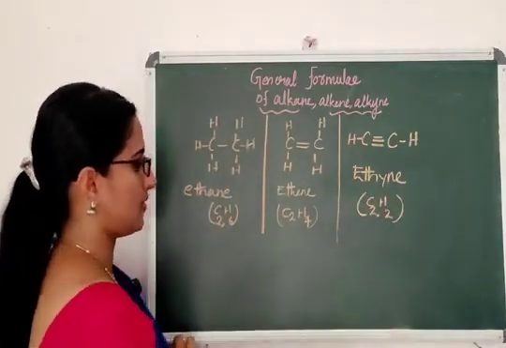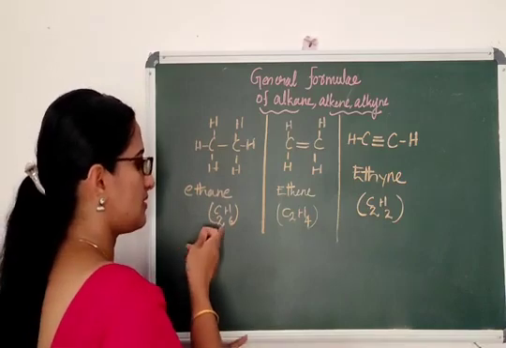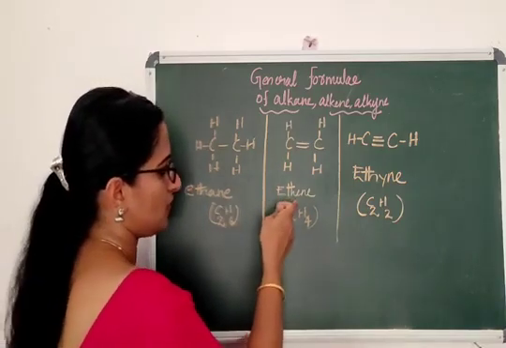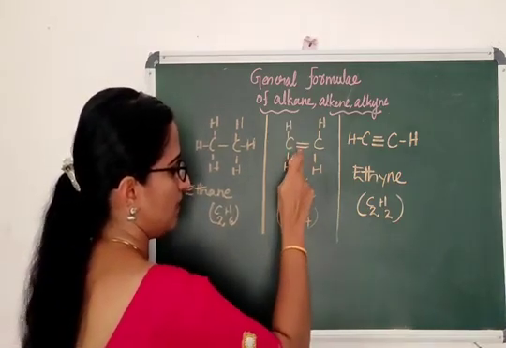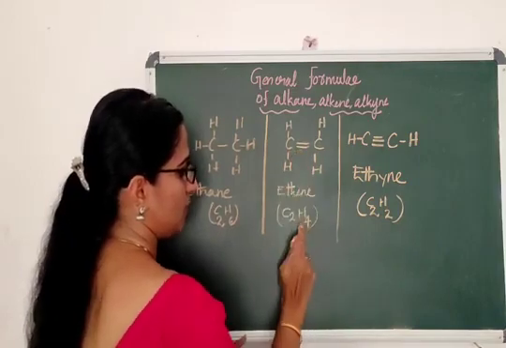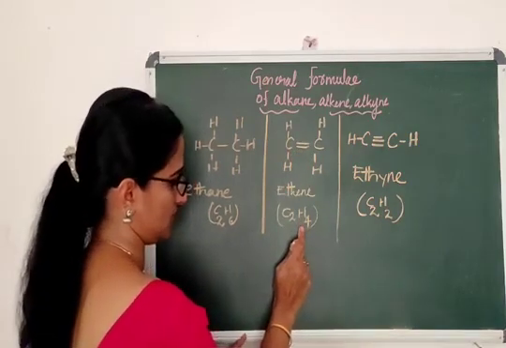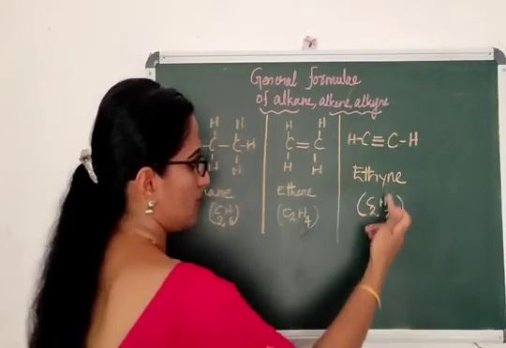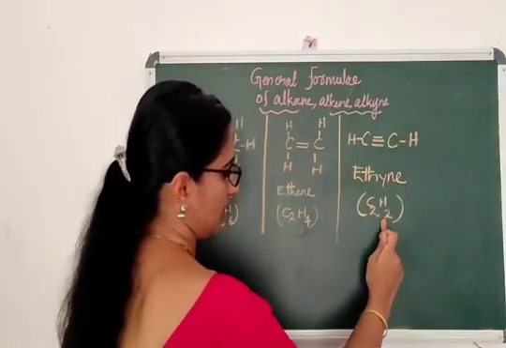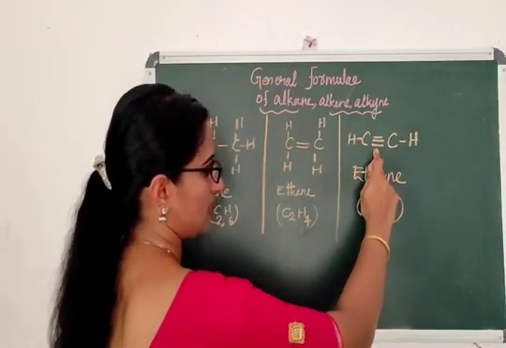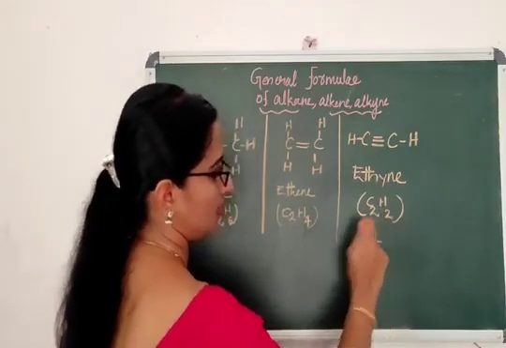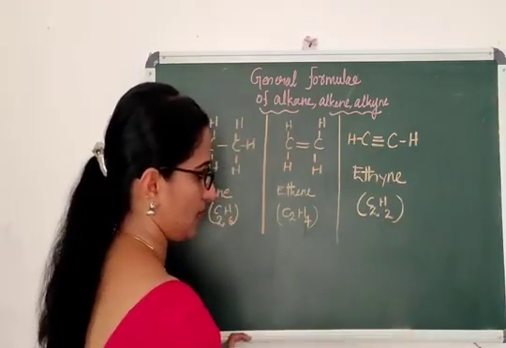Okay students, look at here. This is ethane. When it comes to ethene, what happens? A double bond has come. At that time two hydrogens are reduced. When it comes to ethyne, again one more bond has come, and again two more hydrogens are reduced.